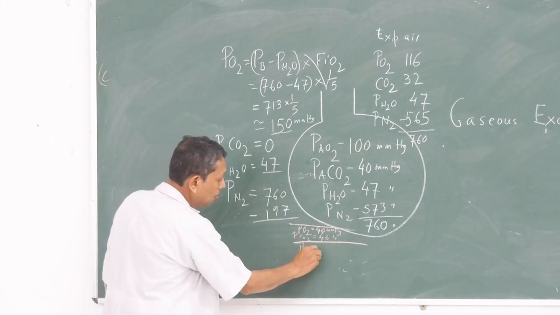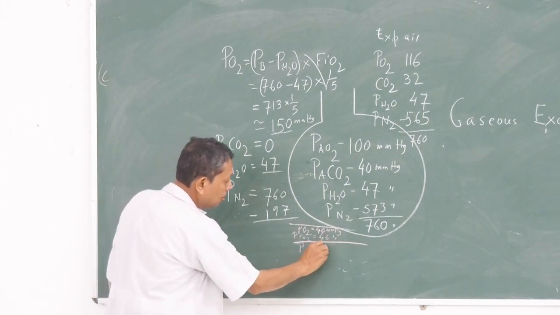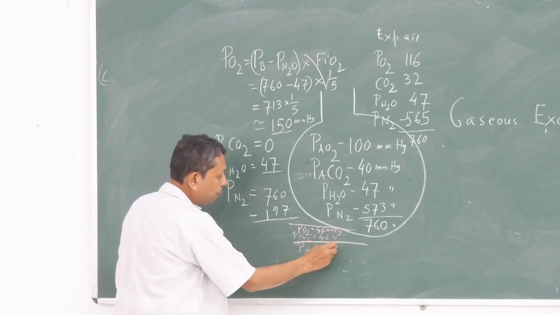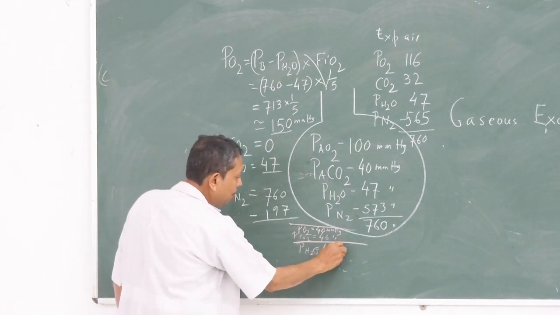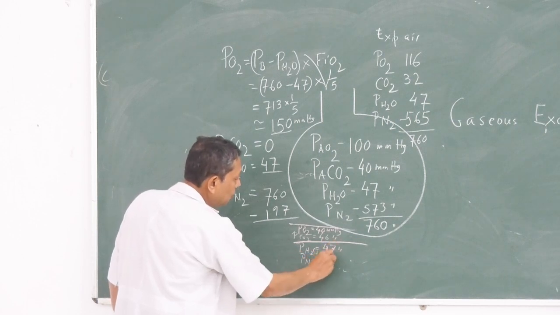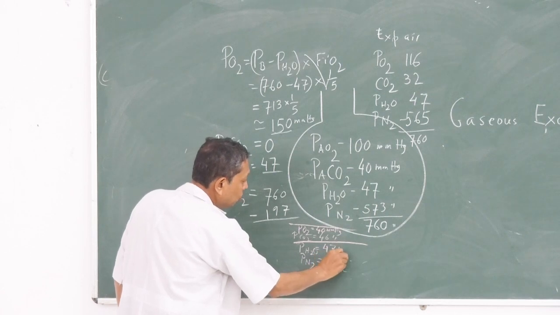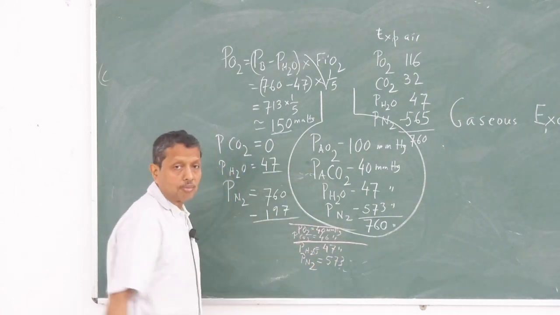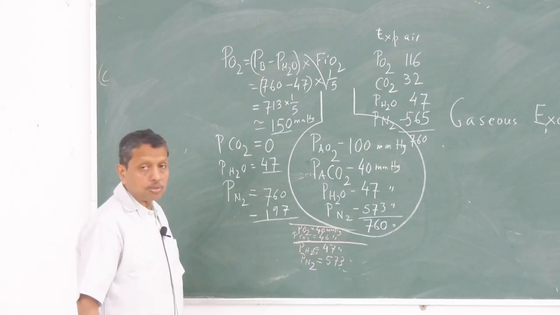PH2O, 47 millimeter of mercury, and PN2 is equal to this 573 or so, because they are in equilibrium. This is the value.